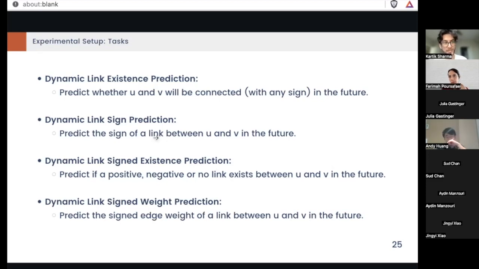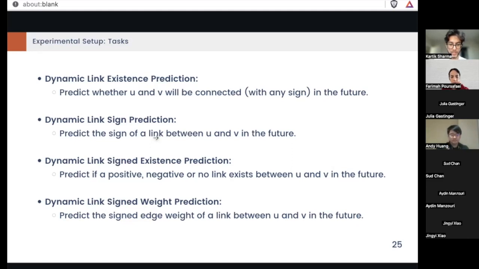So there could be some neutral links. We will see how it fares, but that kind of gradient between the relationships would also be predicted. So three of these four tasks are new, and I guess this is also an important contribution.